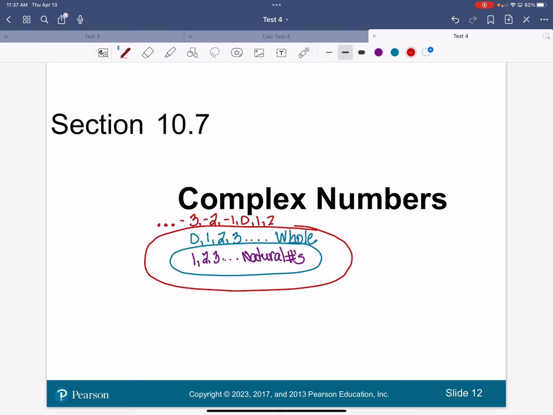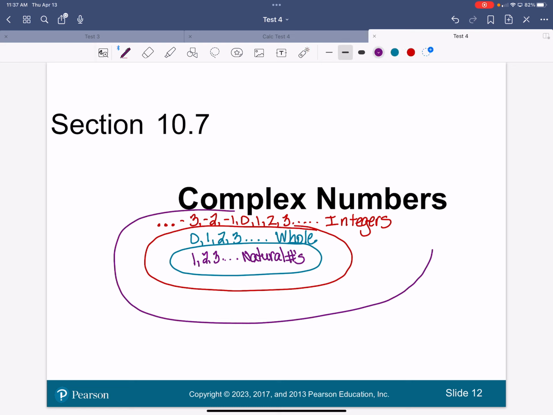And they were called whole numbers and their opposite. Anybody know what those are called? Integers. Integers. Okay, so those are a whole other set of numbers. Now, all of our natural numbers and whole numbers are in the set of integers. Okay, so they're all covered in those sets.